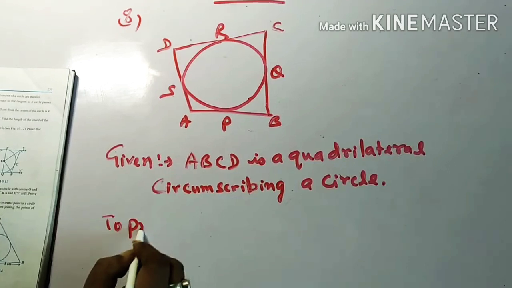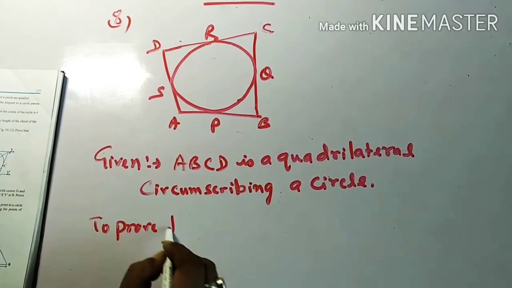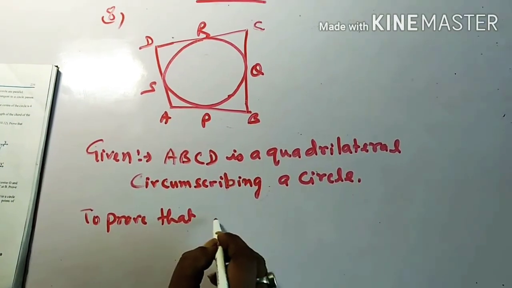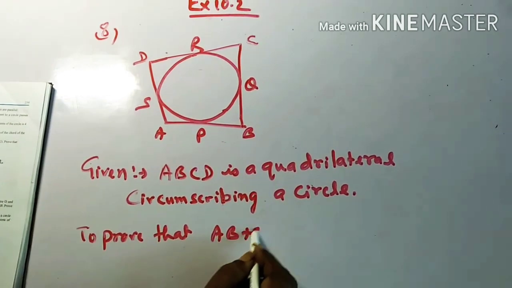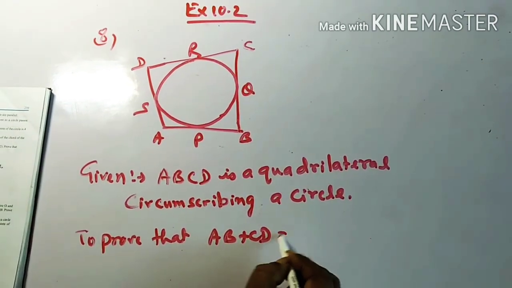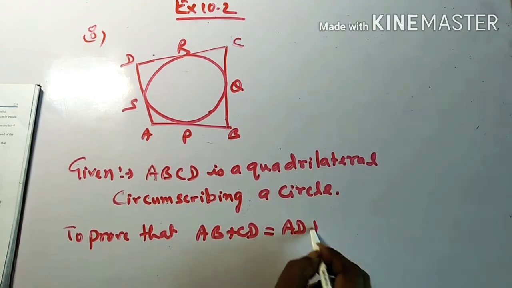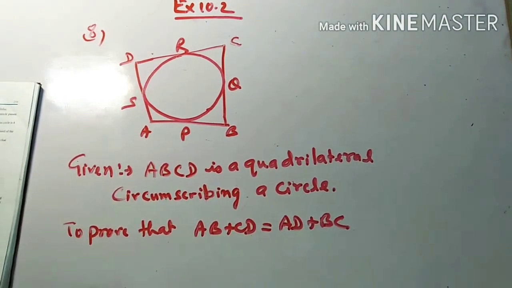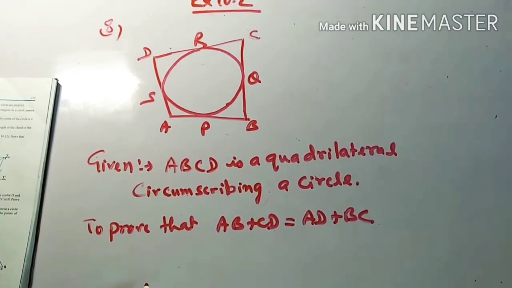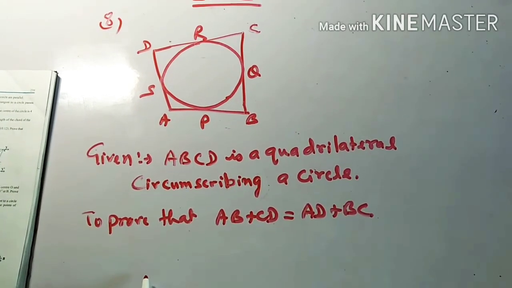To prove that AB plus CD is equal to AD plus BC.